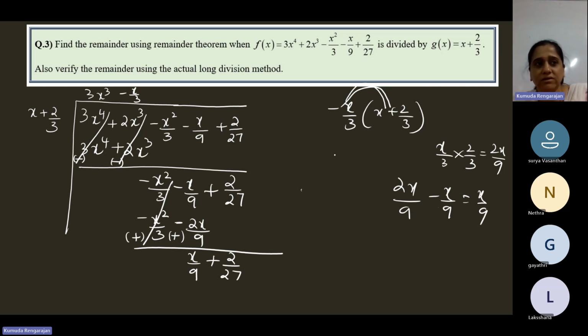Now again divide the first term of the new dividend by the first term of the divisor. So x by 9 into 1 by x, so it's plus 1 by 9.